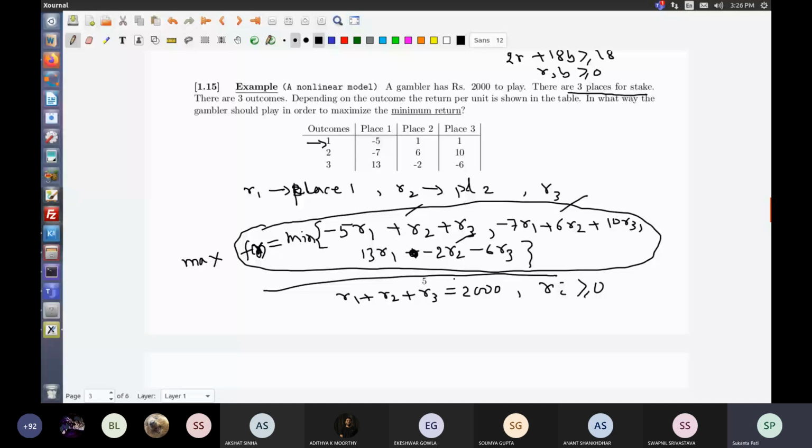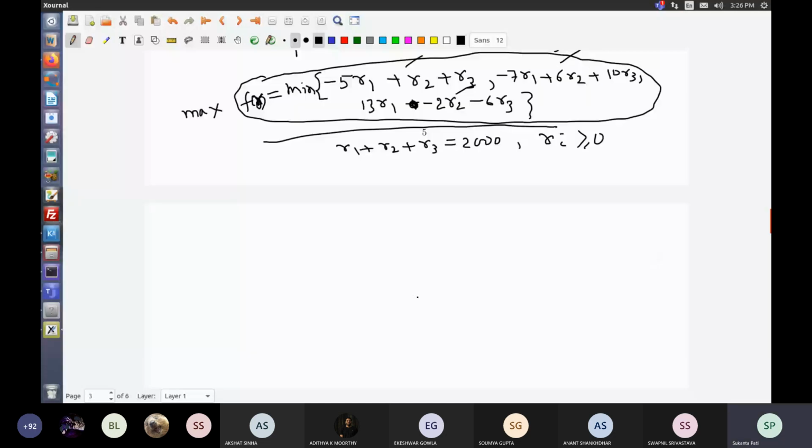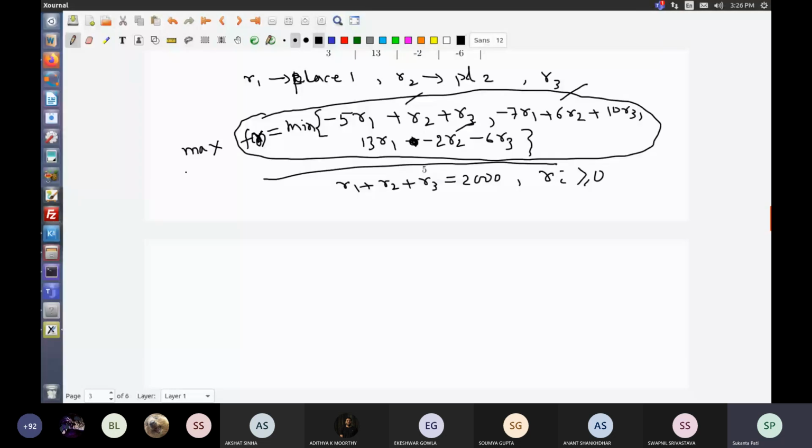But you can convert it to a linear problem. Now what do you do? You have to bring this objective function down. Now how do I do that? You write z, and I am going to maximize this.